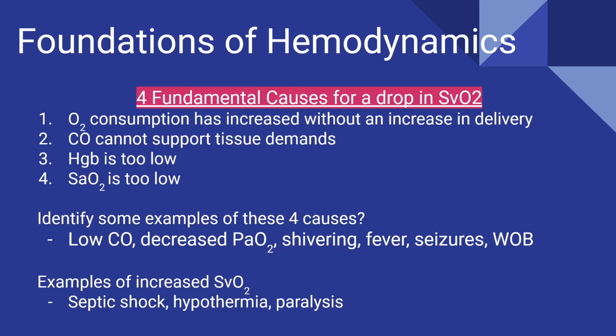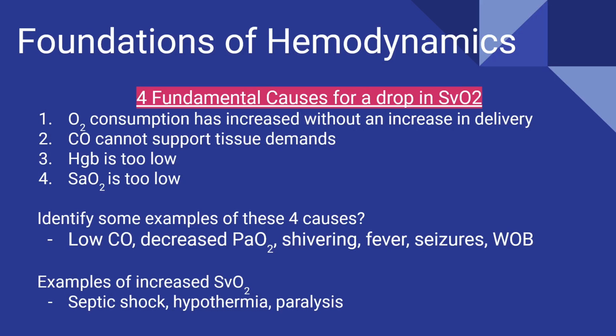If you're in septic shock and your oxygen simply can't leave the blood vessel to get to the cell because there's so much volume in between the vascular bed and the cell, extracellular volume, then that oxygen is just going to stay in your blood and it's going to come back and you're going to see a high value.